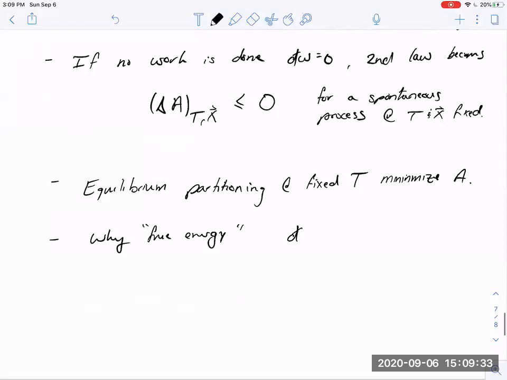So in the reversible limit, the work is equal to the change in the Helmholtz free energy at fixed temperature. So the Helmholtz free energy tells us about the work that is extractable for free, the possible amount of energy that can be extracted in the form of work.